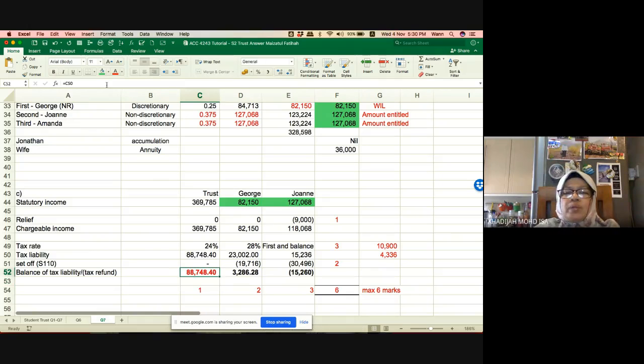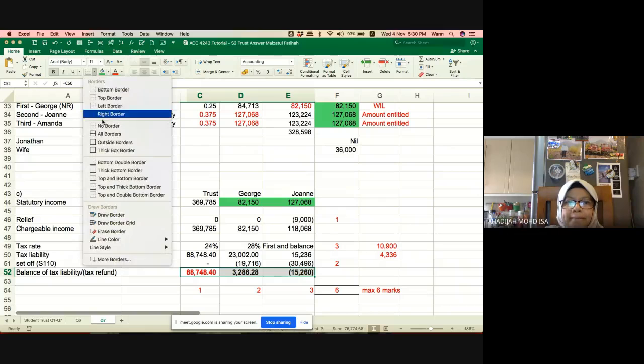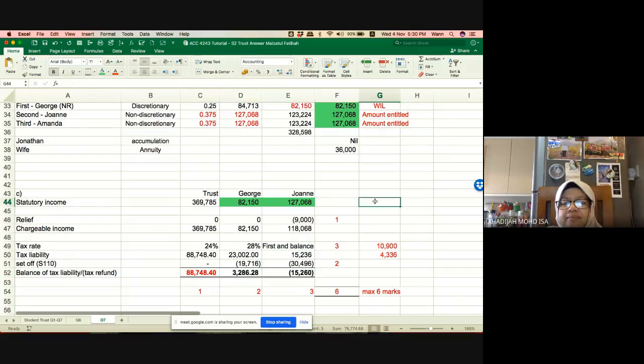So that's how we actually assess you on this topic. Done. So look at the allocation of marks. You just show me what the tax rate is, and I don't actually give marks for tax liability, because if the part above is wrong, then it's wrong. But how to compute here is very important.